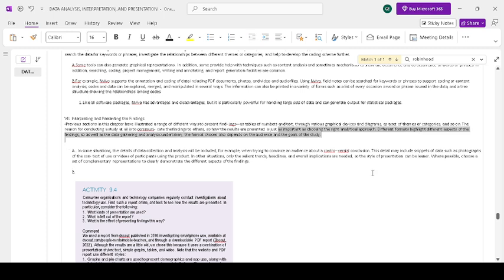So how the results are presented is just as important as choosing the right analytical approach. Different formats highlight different aspects of the findings. As well as how data gathering and analysis is undertaken, the format chosen also depends on the audience and the goals of the study. So let's say you find some discovery that you are the only one who found in your job.